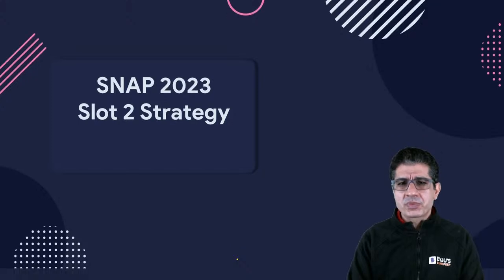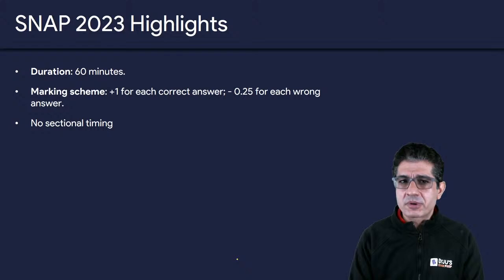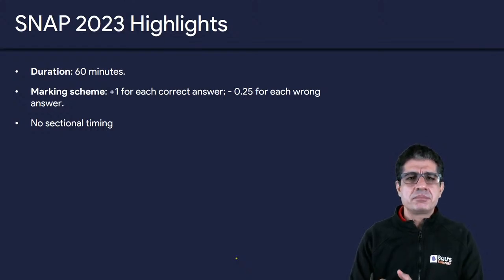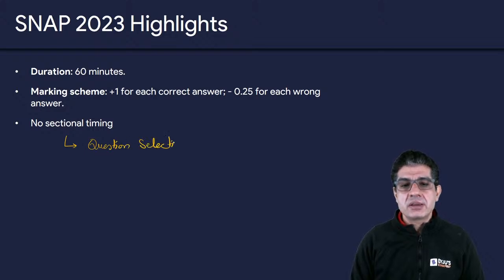Here you go. A quick review. As usual, no major surprises. 60-minute exam, +1 and -2.5 as your marking scheme. There was no sectional time limit. So normally when you have no sectional time limit, it means that question selection becomes important, and you need to go from easy questions to difficult questions.